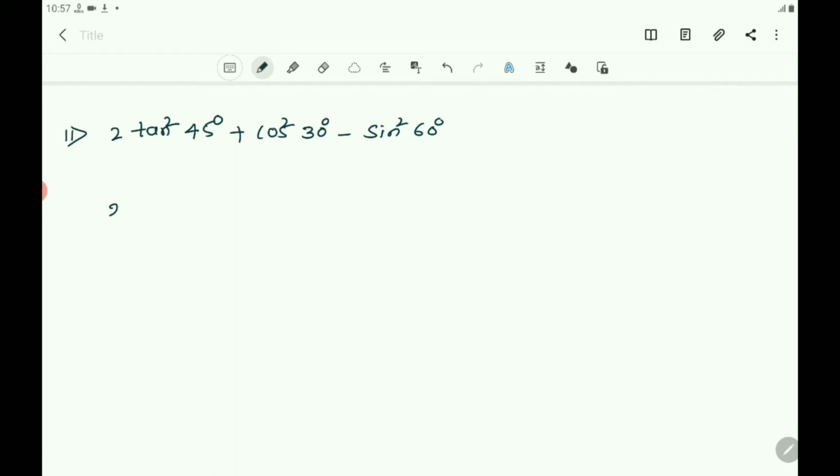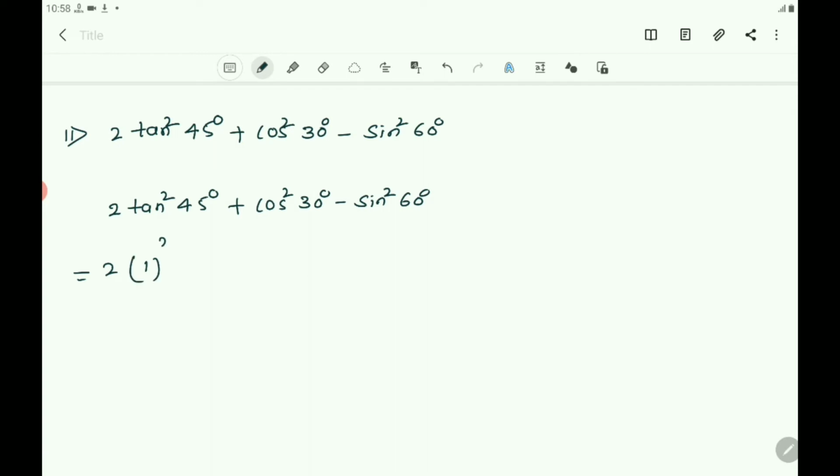Now you take that first, 2 tan square 45 degree plus cos square 30 degree minus sin square 60 degree equals, you write 2 as it is, then tan square 45 degree means, what is the value of tan 45? Tan 45 is 1.